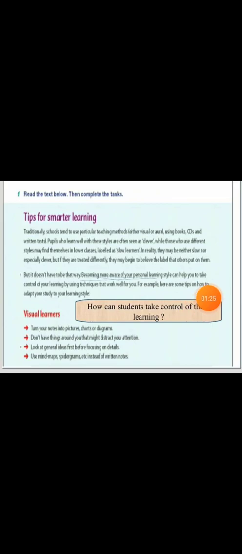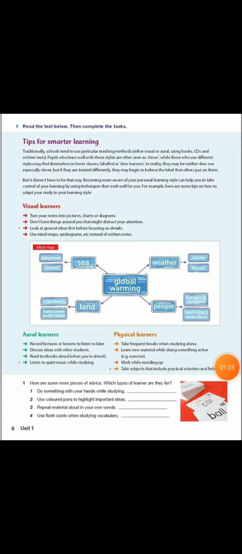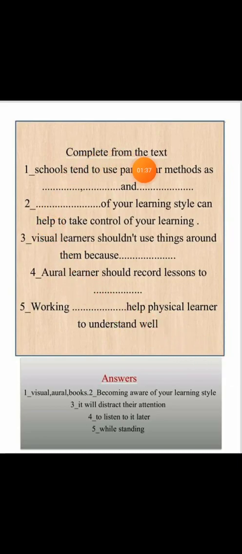Last time we discussed our test together. Today we are going to read the text in order to answer some questions. Here we have some questions. Let us read them. Complete from the text. Number 1. Schools tend to use particular methods, as, we need to mention what the methods are. Number 2. Being aware of your learning style can help to take control of your learning.